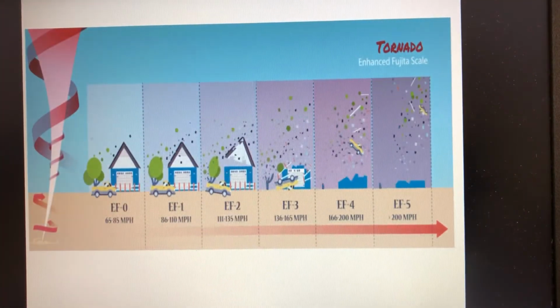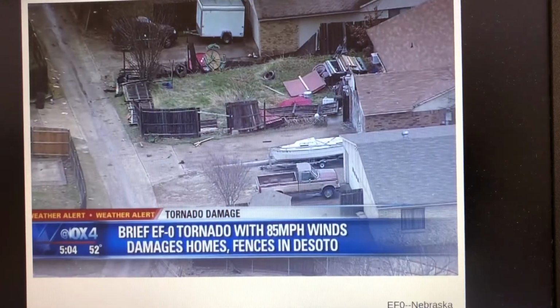So you can see in this picture, this kind of shows you what the damage is going to look like. You can see the difference in the damage between an EF0 and an EF5. EF4s and 5s are going to pretty much relocate your house and every one of your belongings. So let me show you some pictures. This is what an EF0 tornado would look like.